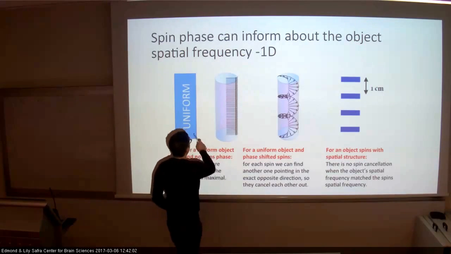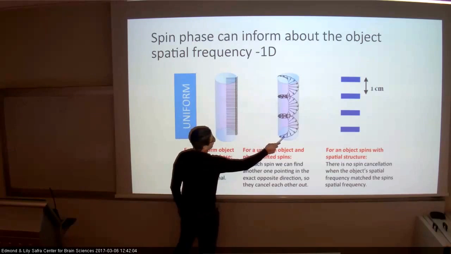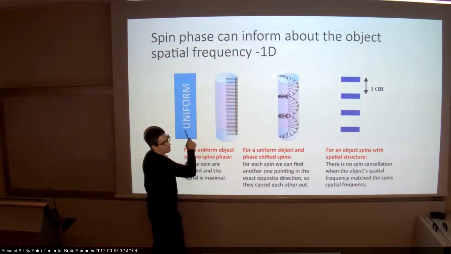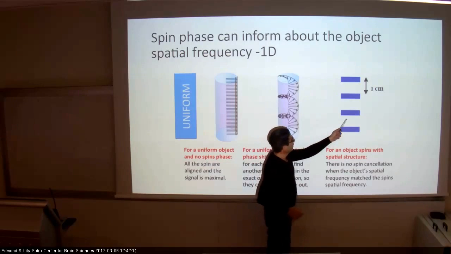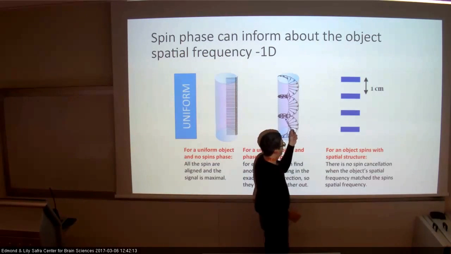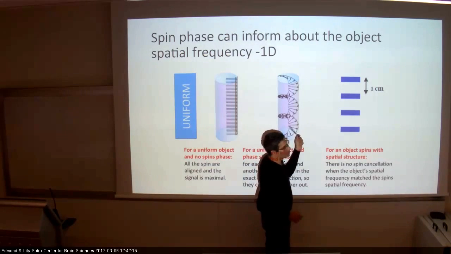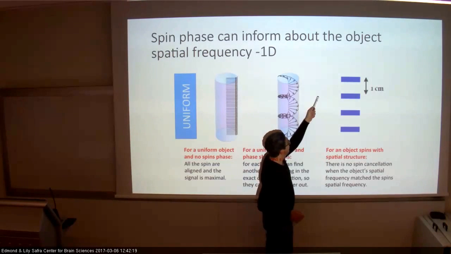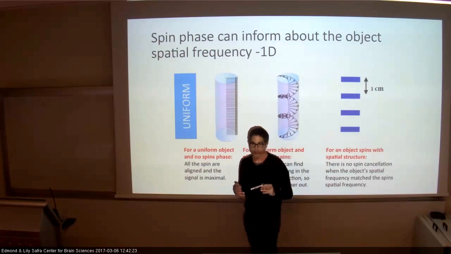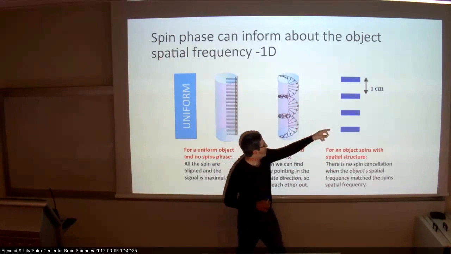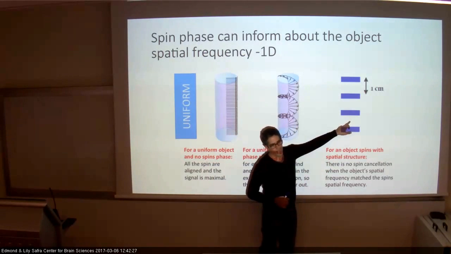We said that in here, the signal will be cancelled, right? Because all the spins are going to cancel each other. In here, they won't. If the spatial frequency of these spin vectors, the summation of them, and the frequency of the object are similar, then there won't be cancellation, because in here there is nothing that will drive a signal, right?